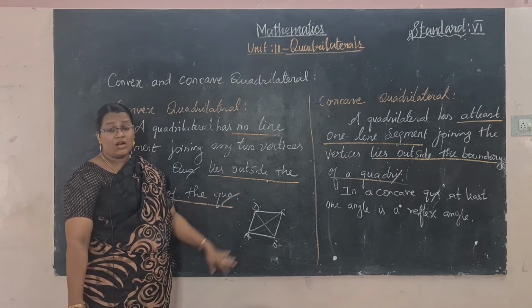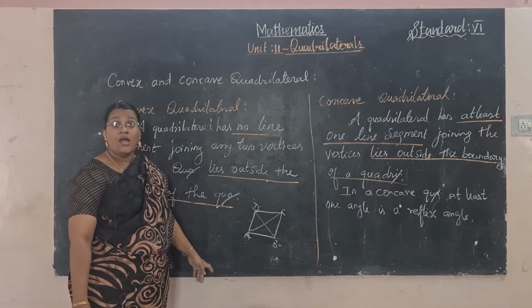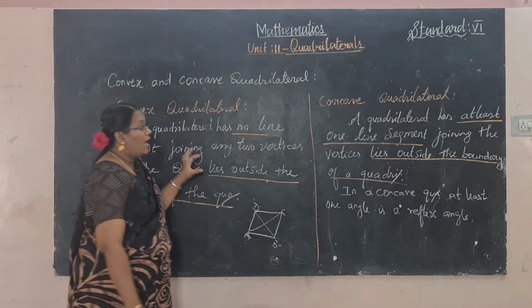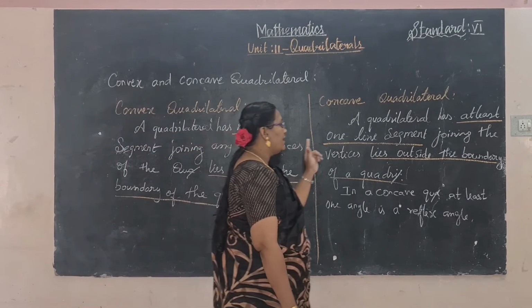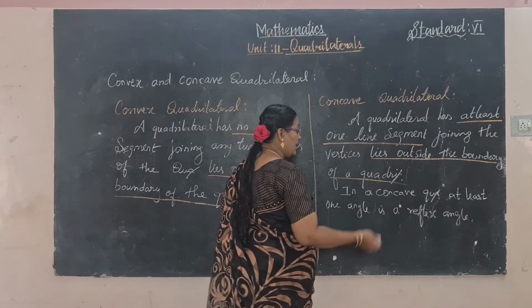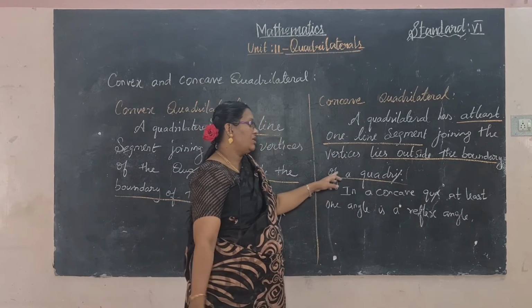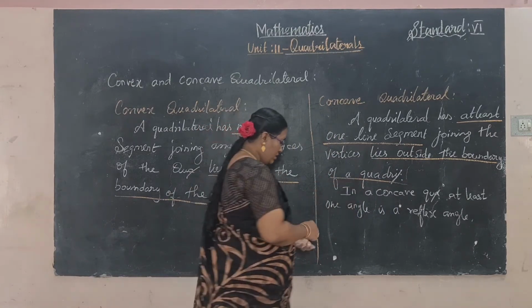So these are all called convex quadrilaterals. And then concave quadrilateral: at least one of the line segments joining vertices lies outside of the quadrilateral. See this diagram.